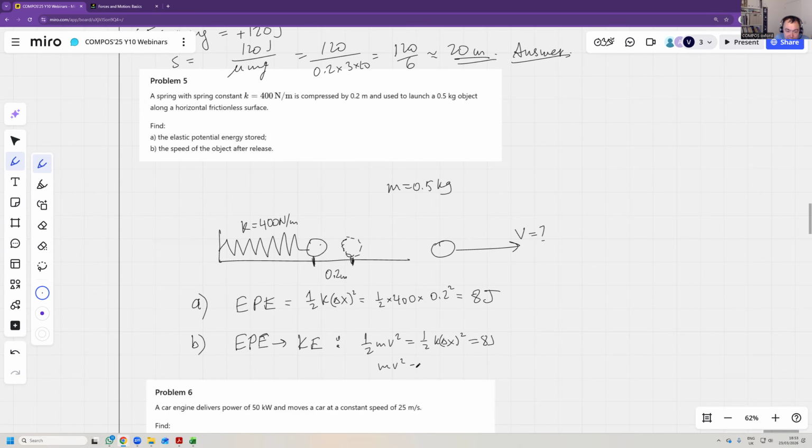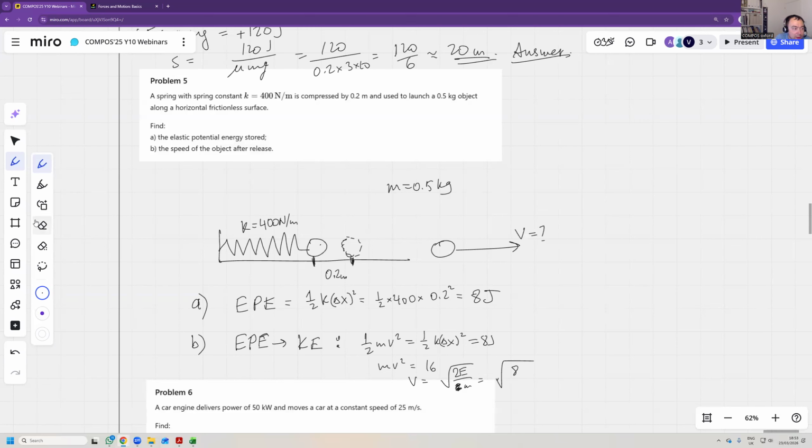So mv squared is 16, and v is equal to the square root of 2E over m.